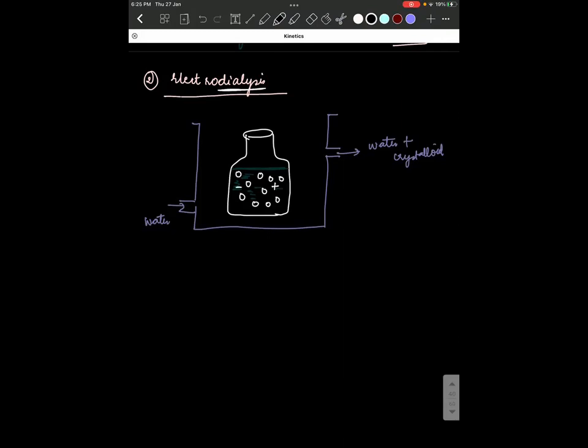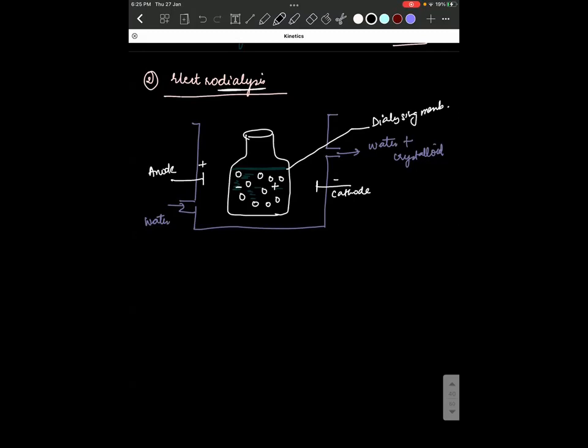Here we have the cathode, which is negatively charged. This is the dialyzing membrane. Here we have the anode, positively charged.